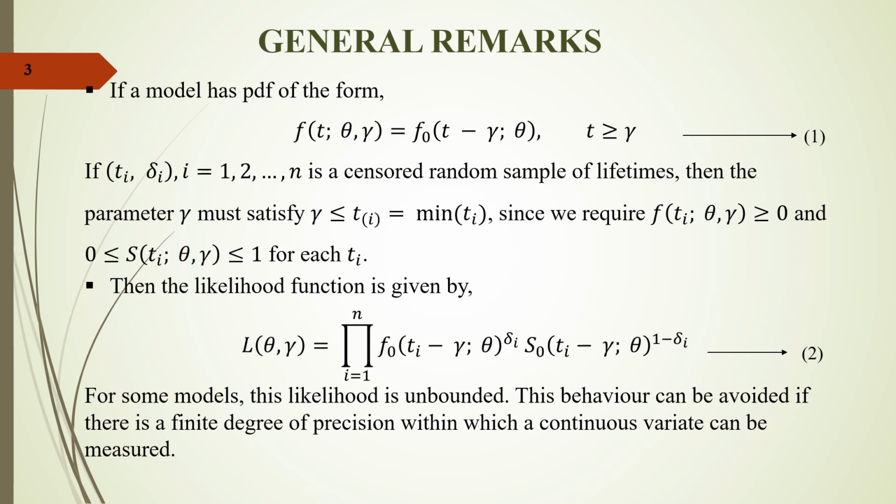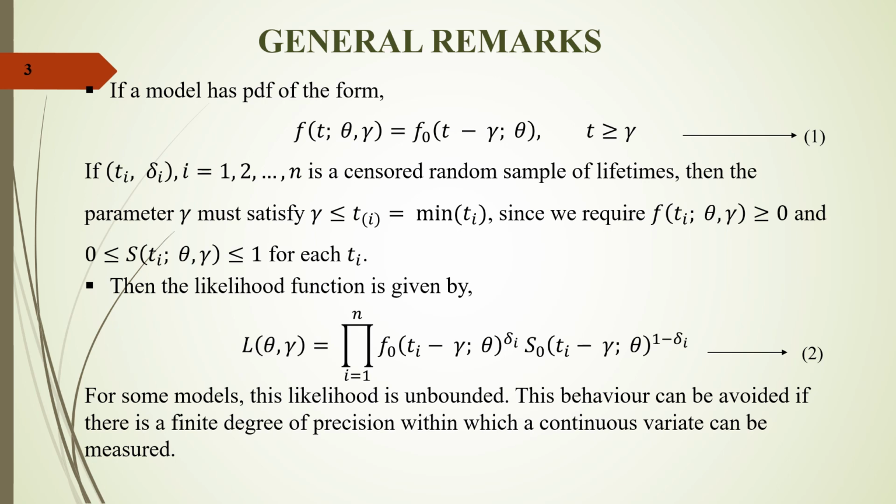Now, we are entering a generalization of inference procedure for threshold parameters. If a model has a probability density function of the form f of t; theta, gamma is equal to f naught of t minus gamma; theta, where t is greater than or equal to gamma, and ti, delta i is a censored random sample of lifetimes, then the parameter gamma must be less than or equal to t1, where t1 is the minimum of all lifetimes.